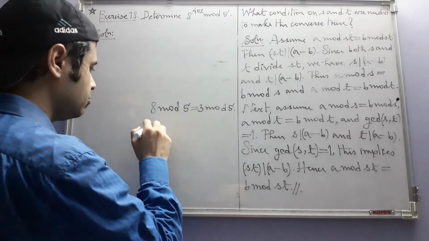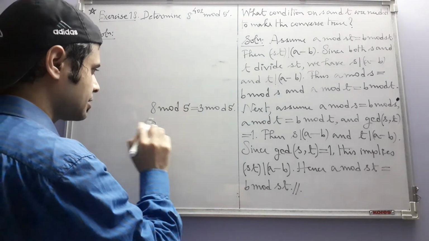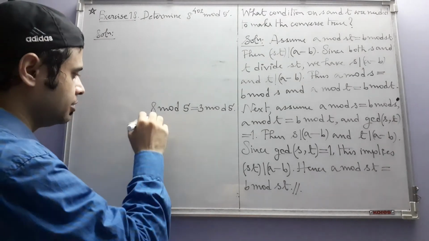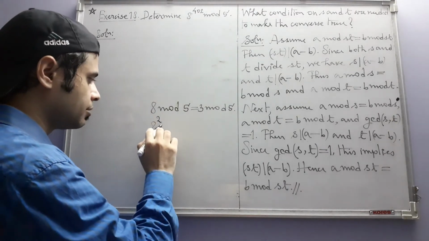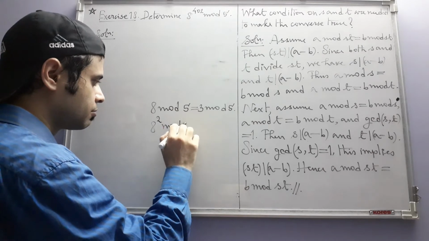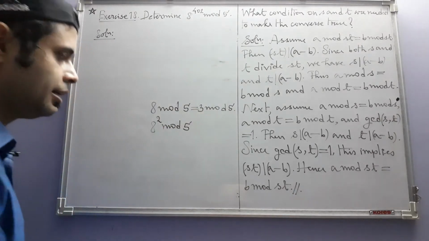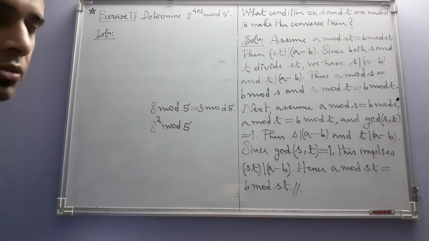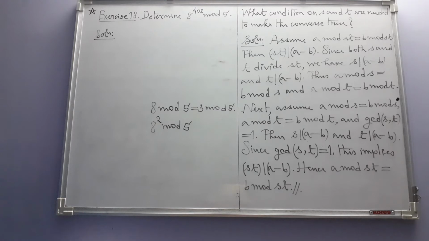So in such a situation we can look at higher powers of 8, say 8 square. 8 square is 64. How far is 64 from a multiple of 5? Luckily, the next number, the larger number 65 is a multiple of 5.